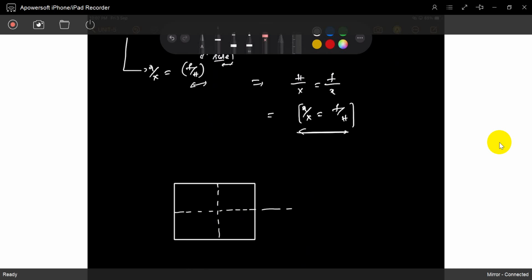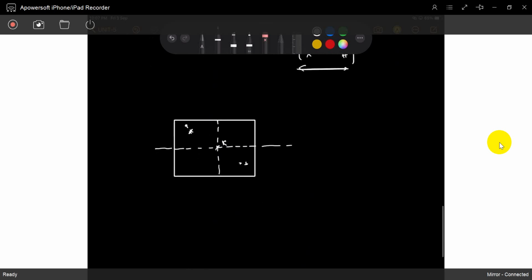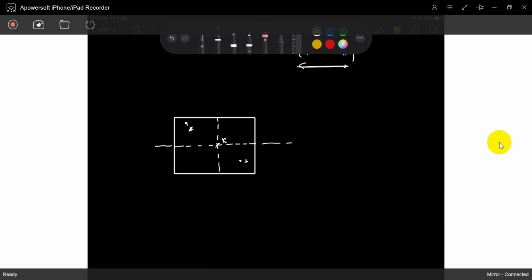One point is here, one point is here, another point may be somewhere here, randomly. This is the principal point K. This point is A. This point is B. Just take them as general points.